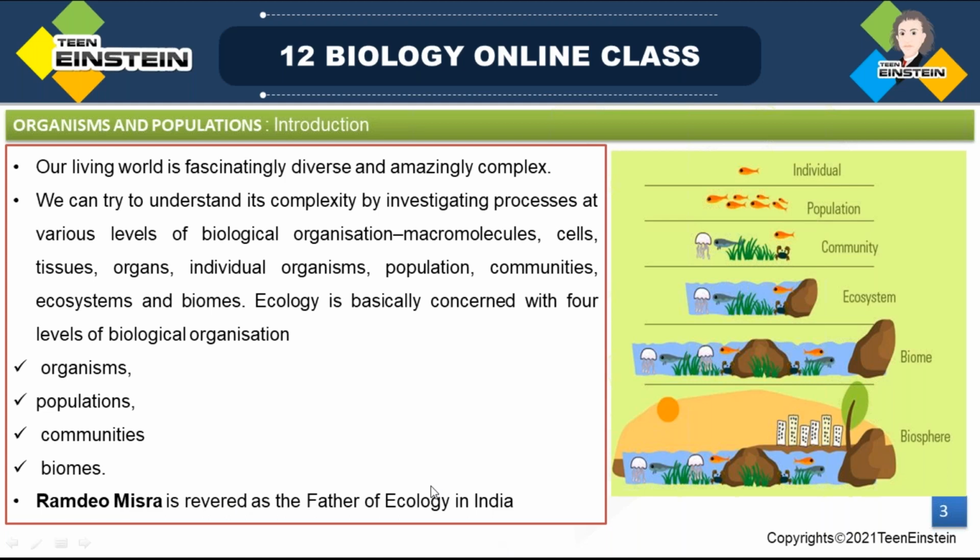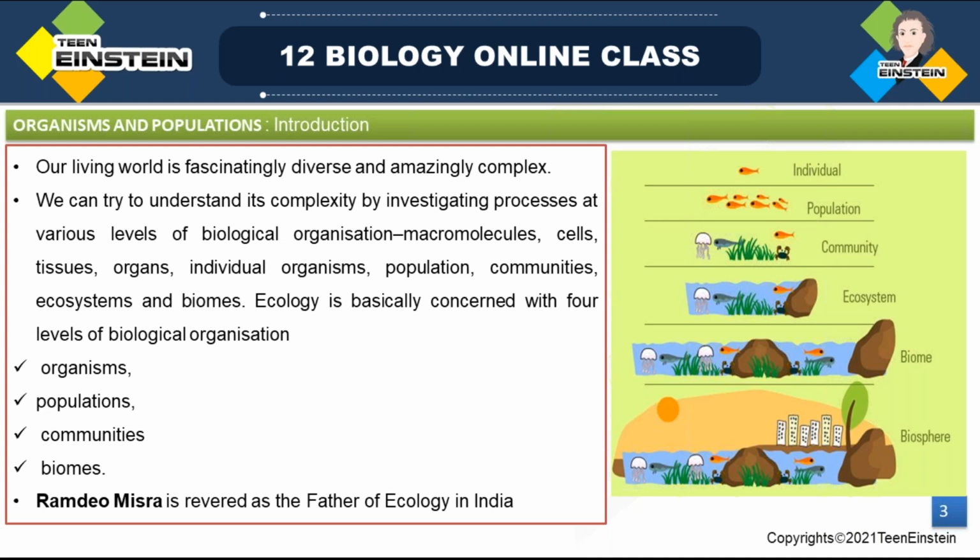See, what is an organism? Organism means each and every individual of a species. So the basic unit of study in ecology is the organism. In ecology studies, the basic one is the organism.